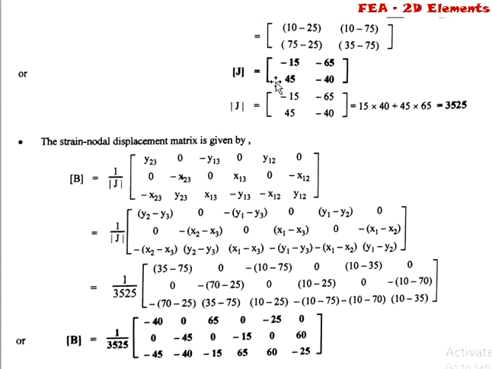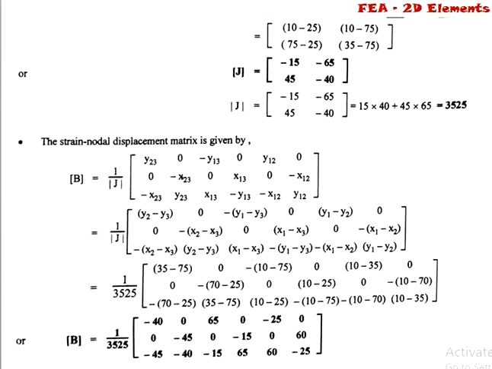Okay, this is the J matrix and this is the determinant of J, that is 3525. So B requires the determinant of J and y23, y13. Just for example, y23 is nothing but y2 minus y3. Just put all values of x and y, and we'll get the last matrix, that is B.